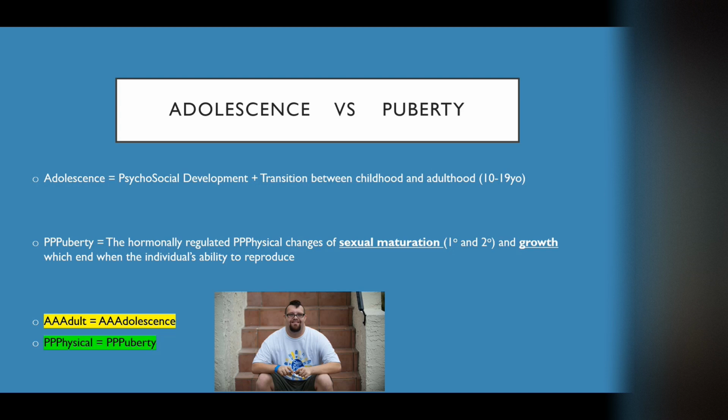So he hit puberty, his sexual maturation is fine, he can reproduce, but his brain is lagging a bit behind. So he didn't hit adolescence yet. He has a problem with adolescence. So remember that adolescence is your brain and puberty is physical changes.